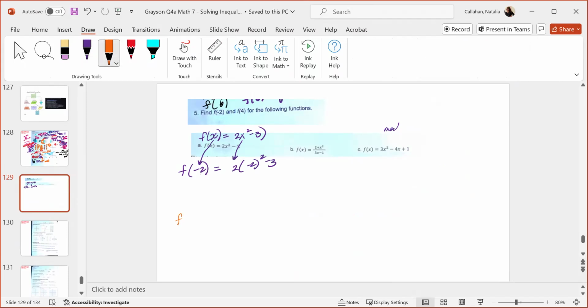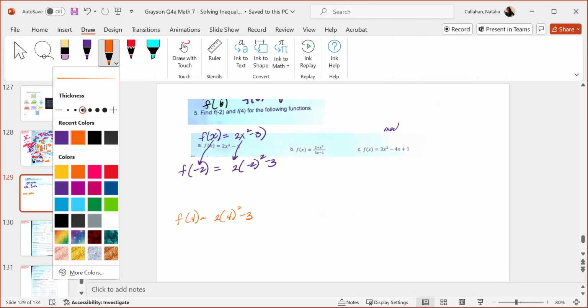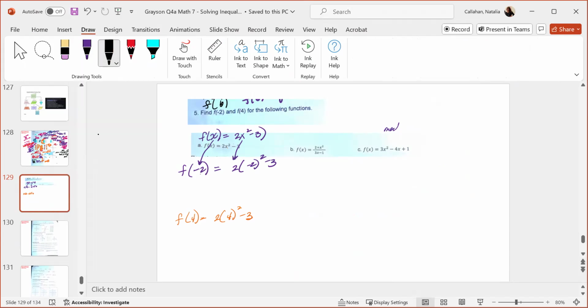Next was f of 4. So in this equation, whenever you see an x, you replace it with a 4. Now go ahead and do that. -2 times -2 is a positive 4. Go ahead and do that. 4 squared.